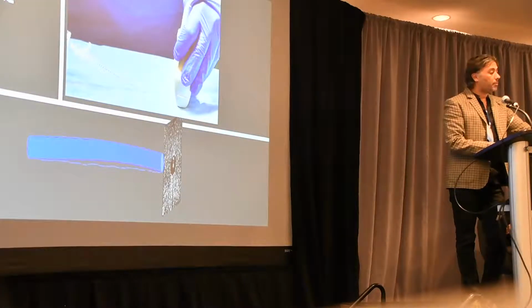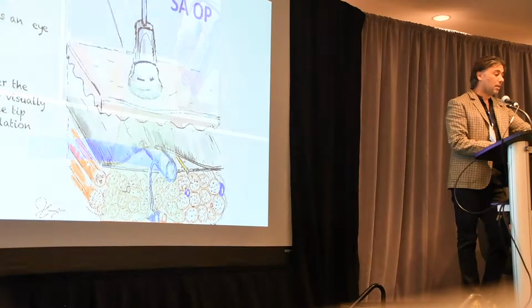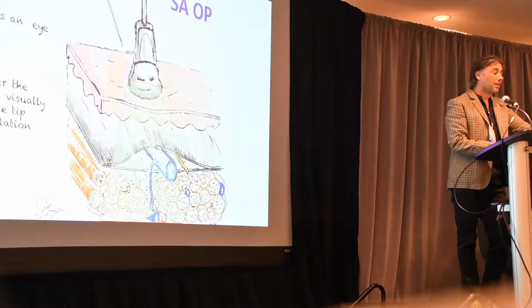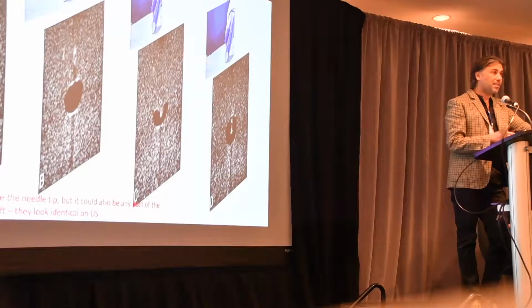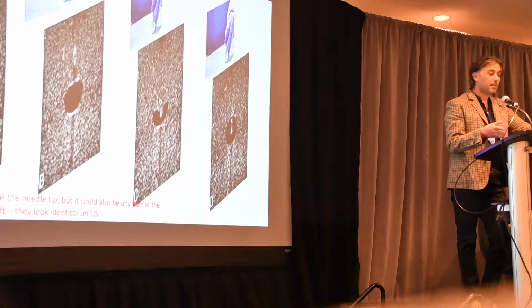Another popular approach is the out-of-plane short axis, which we call the transversal one. This out-of-plane transverse approach has the advantage of keeping an eye on the target vein, but does not offer the optimal ability to visualize and control the needle tip during the cannulation process. What you see may be the needle tip, but it could also be any part of the needle shaft.